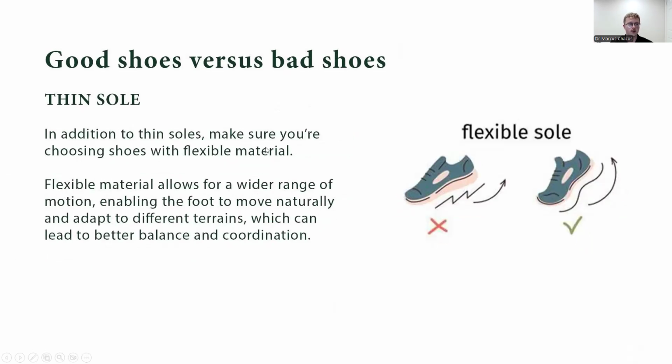So in addition to thin soles, make sure you're choosing shoes with flexible material. Flexible material allows for a greater range of motion, enabling the foot to move more naturally and adapt to different terrains, which can lead to better balance and coordination. So a good example of what flexibility should look like in a shoe, I'm going to use my shoe as a demonstration here. You can see how I can bend my shoe and I can deform it. Okay.